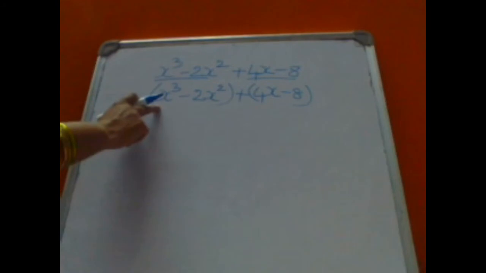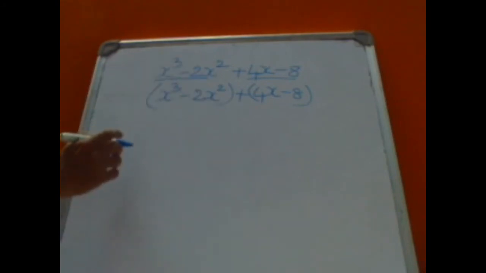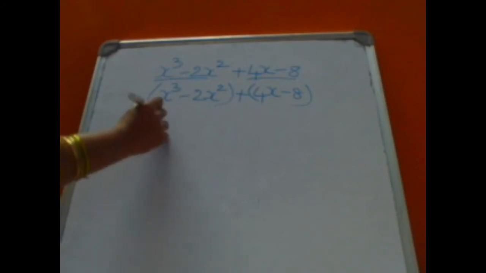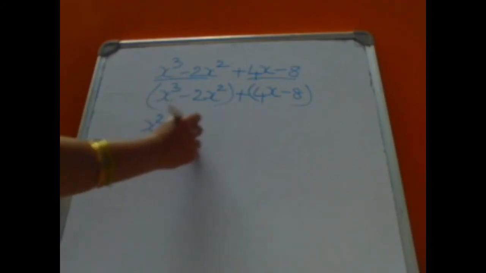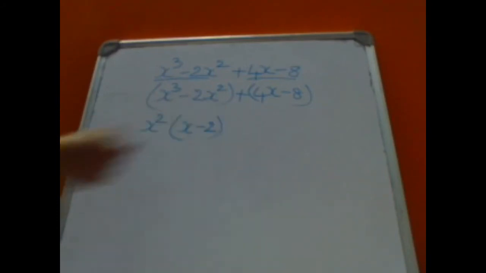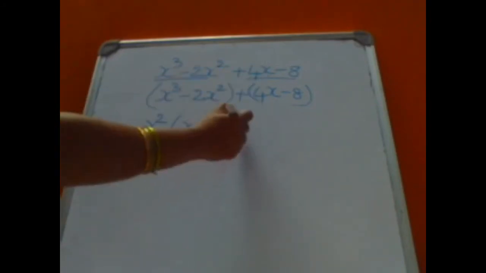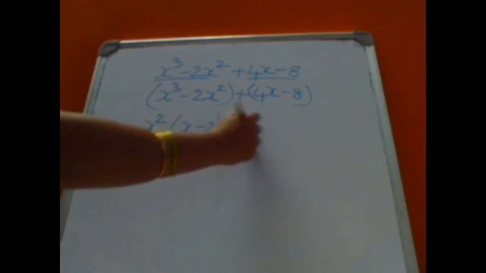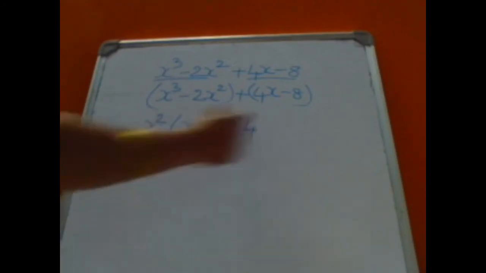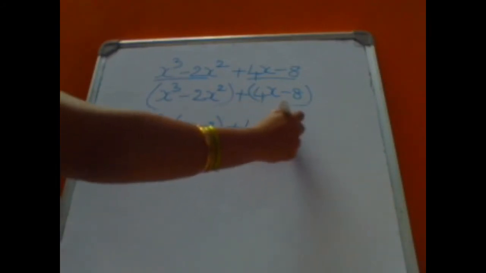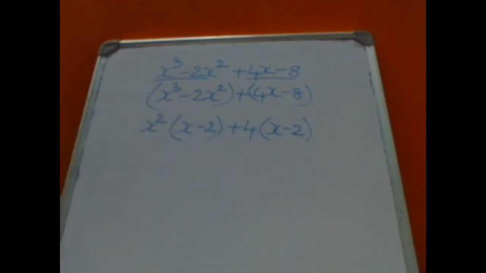For x cube minus 2x square, the highest common factor will be x square. Then you will be left with x minus 2. Same way for this group, you can take 4 as common factor and x minus 2.